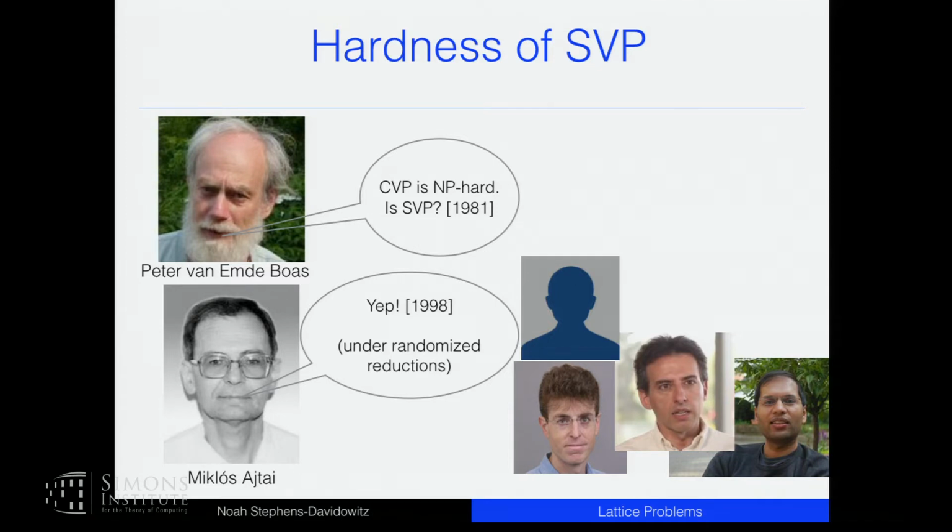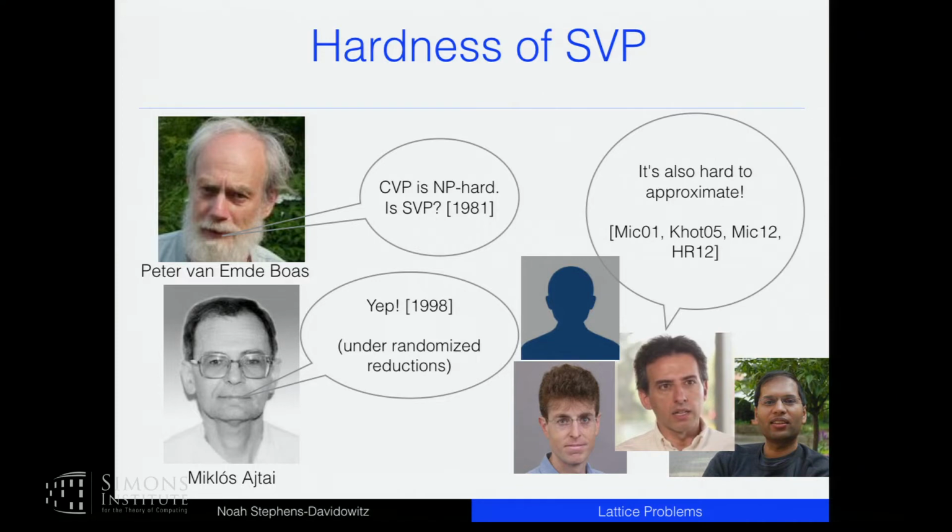And then a very large number of people came around. So Oded and Daniele and Sebastian Cote, and Shai Haviv, came and proved that actually SVP is even hard to approximate. This was a long series of works, some really beautiful results, and I'll show you a little bit of the techniques behind them, or my interpretation at least.